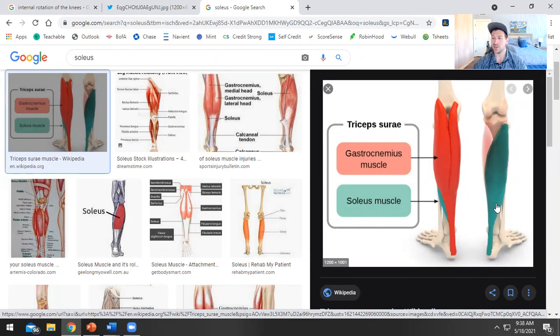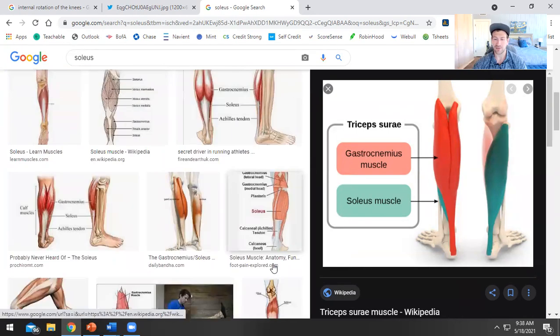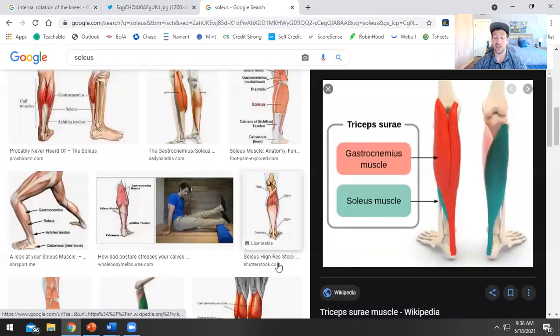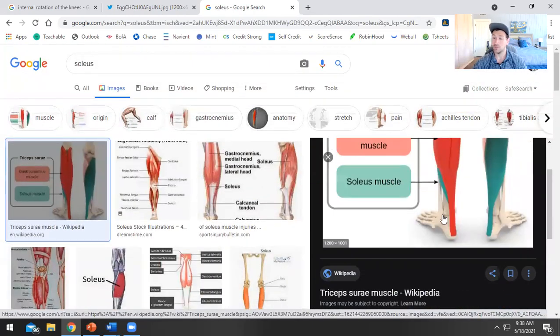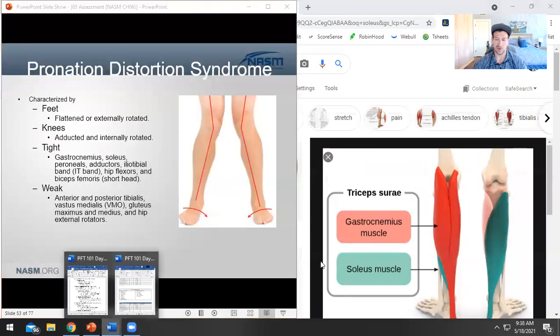This is one of the reasons why, when you keep your leg nice and straight, it stretches your upper calf muscles, and when you bend your knee, it stretches your lower calf muscles, because by bending the knee, you're taking the pressure off the gastrocnemius by no longer stretching these two origins right here. And so that's what leads to a deeper stretch in the soleus. That's why we have two different versions of a calf stretch. So if a client has knees caving in problems, both of these muscles are likely overactive.